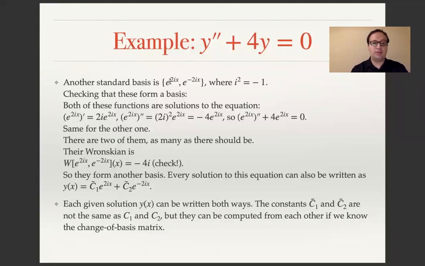So this is the exponential of a complex number, because i here is the imaginary unit. So i squared is minus 1. So i is a complex number. Again, let's check that these two functions form a basis.